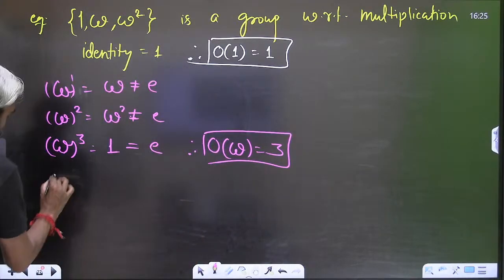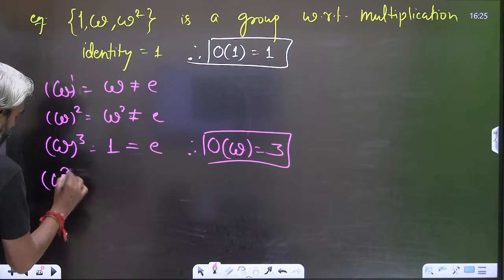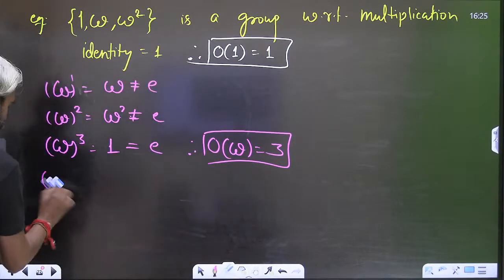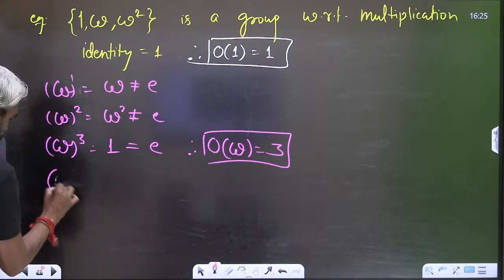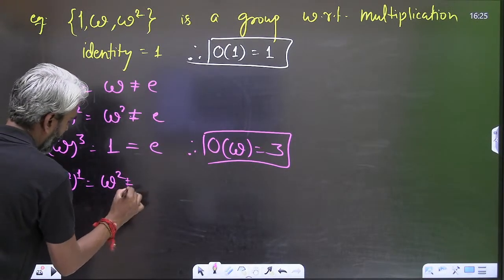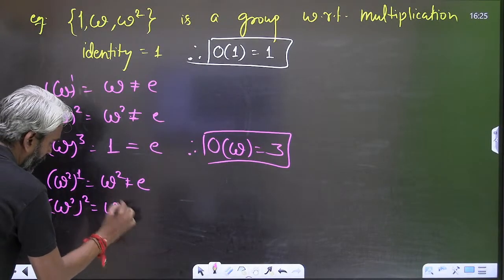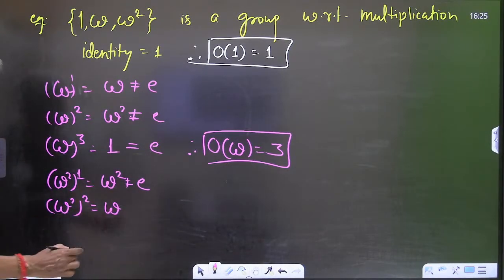Similarly, if we look at omega square, omega square raised to the power 1 will be omega square, which is not the identity element. Omega square raised to the power 2 will be omega, because omega raised to the power 4 is nothing but omega cube into omega.